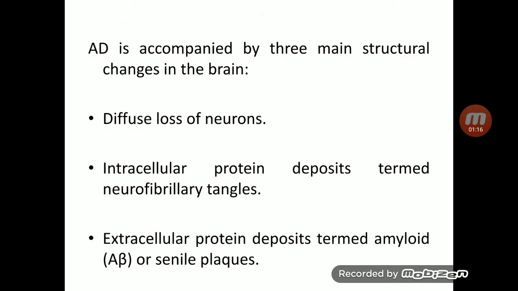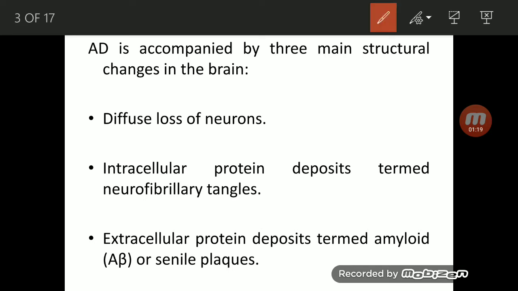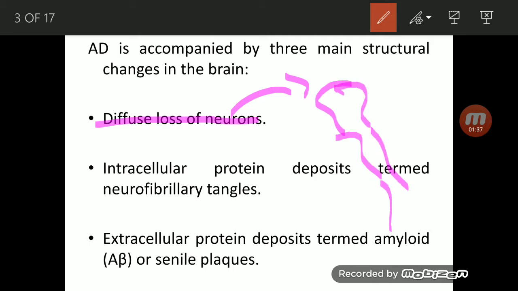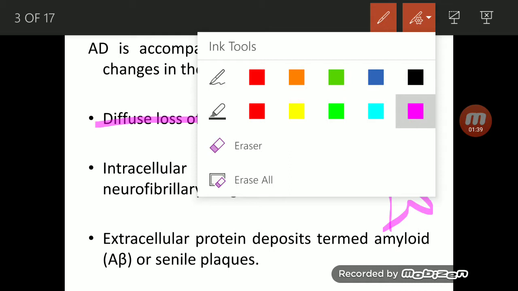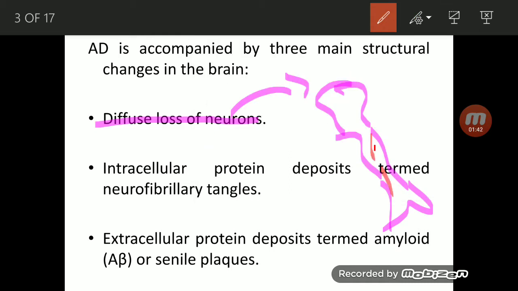There are three main structural changes that you can see in the brain. First is diffuse loss of neurons. There is going to be degradation of your neurons. Second is an intracellular protein deposit termed neurofibrillary tangles. Inside the neuron there is going to be deposition of proteins, and the protein that gets deposited is tau protein.